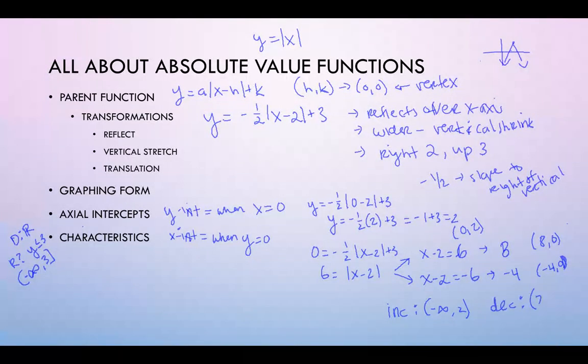And then it's decreasing from 2 to infinity. For as far as these brackets go, I usually always do parentheses because at this point, that's like its turning point. If you would like to include it in one of them, that's fine. Just be careful. I wouldn't necessarily include it in both, but it's not as critical as when you're doing domain and range. Okay, so as long as you're not saying infinity is included, you're fine. I wouldn't stress it.